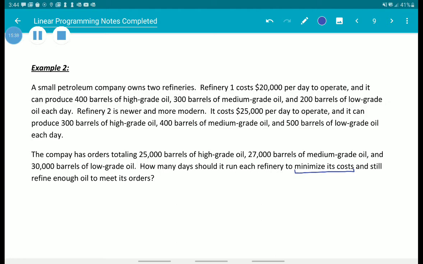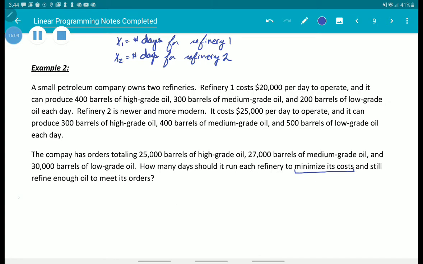So let's create a few variables. Let X1 be the number of days for refinery 1, and then let X2 be the number of days for refinery 2.